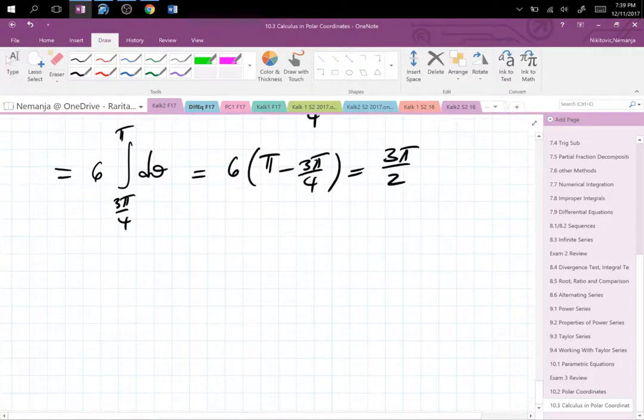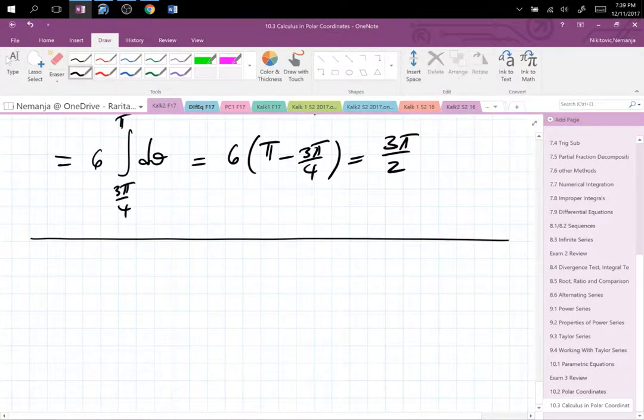And now, as a grand finale, we are going to calculate the area. So we have the two shapes.